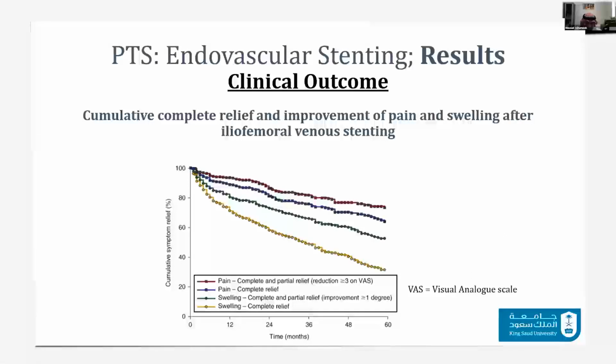The complete relief of swelling, again, is very subjective. We're using a few scales for follow-up, whether it's the Villalta or the visual analog scale or others. Here the visual analog scale was employed, and swelling is improving up to 60%. Pain is getting much better results with the stenting.